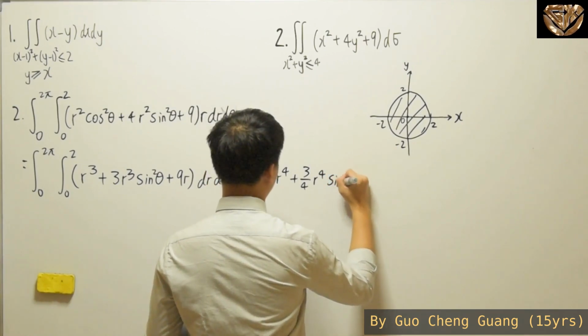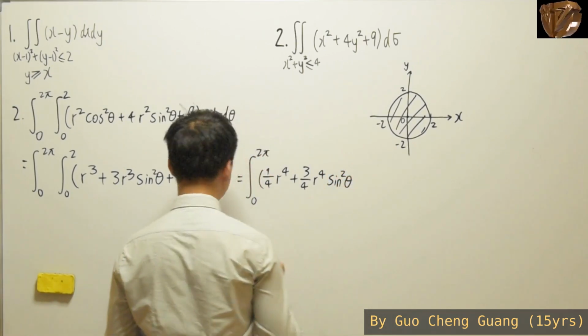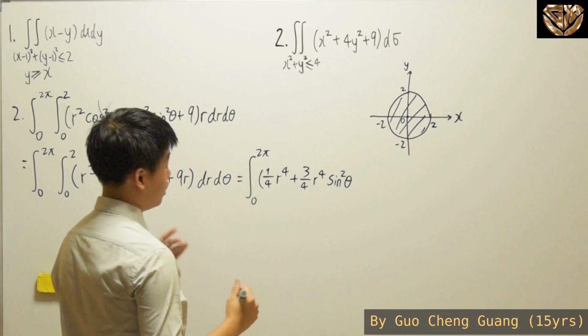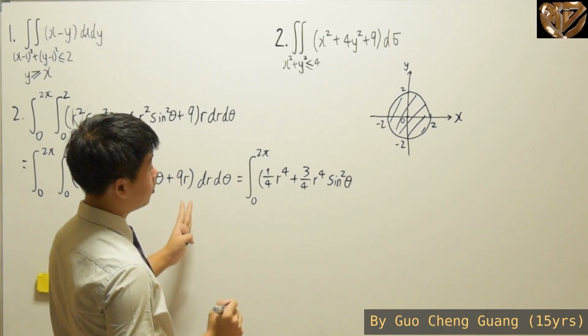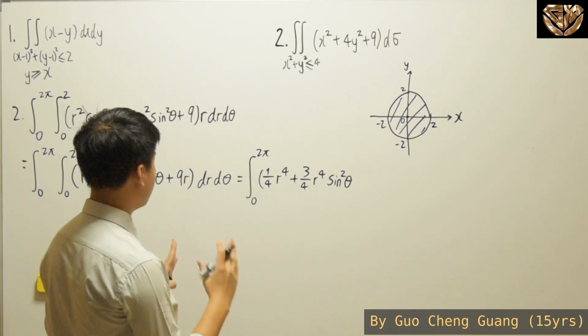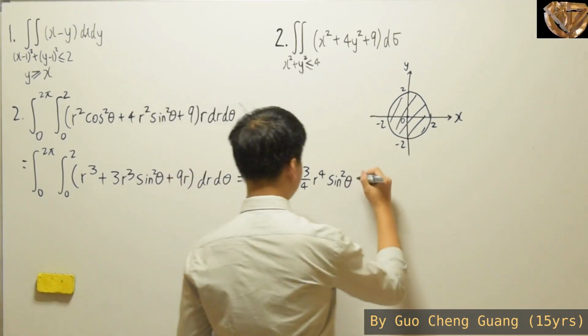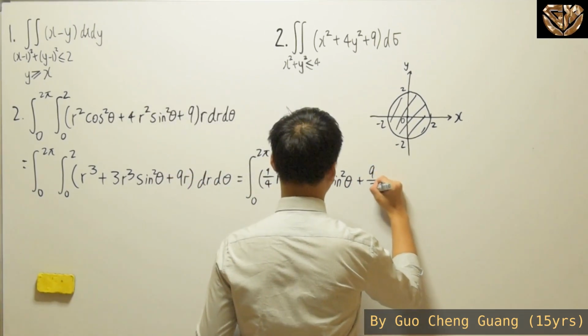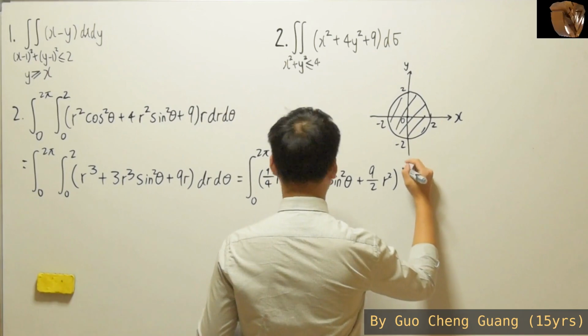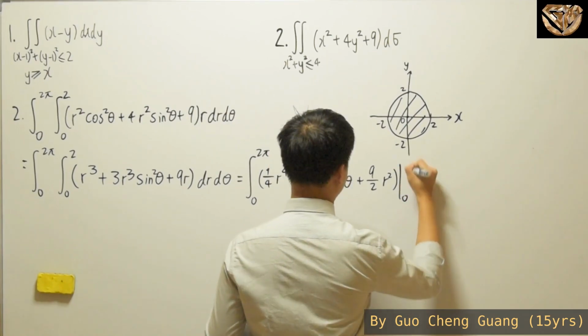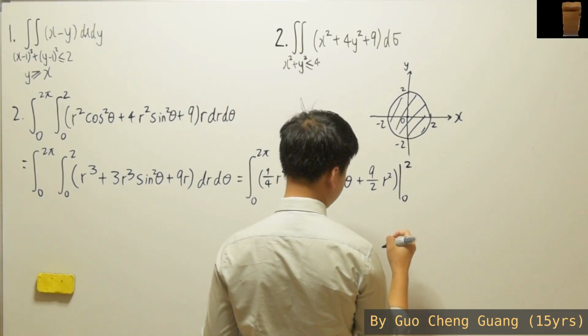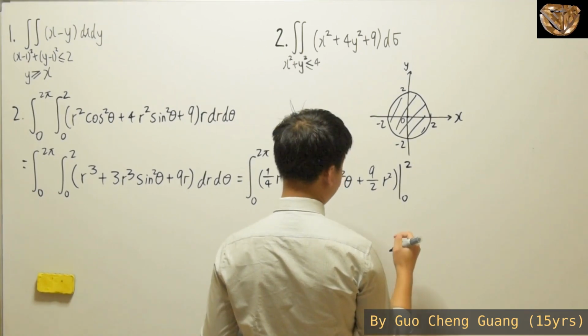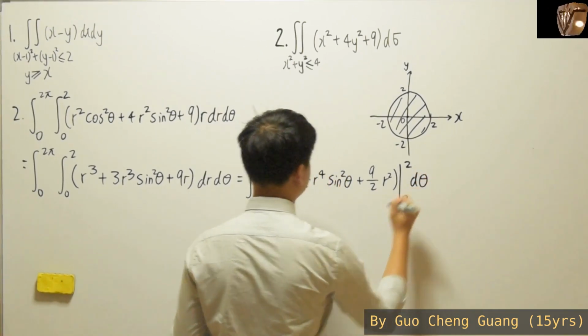But you might be wondering, isn't there the sine squared theta? But of course, when you integrate with respect to one variable, you take all the other variables as constants. And the last term is 9 over 2 r squared. Well, you have to substitute in 0 to 2.